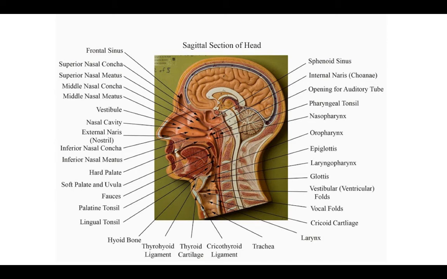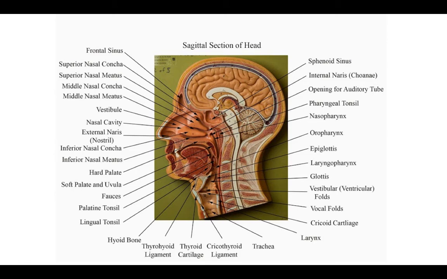And the uvula is important because it helps to trigger the swallowing reflex as food enters through the oral cavity and makes its way back towards the esophagus. So again, that's important because that uvula does help trigger the swallowing reflex.